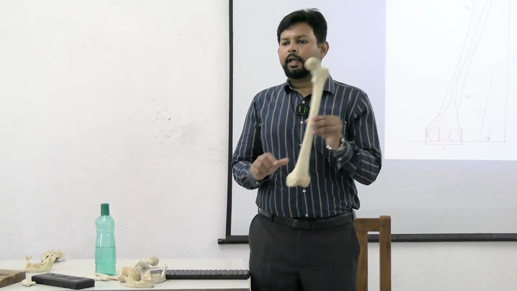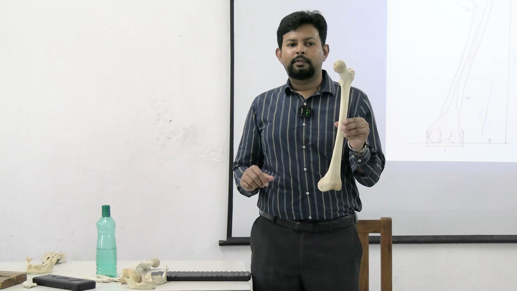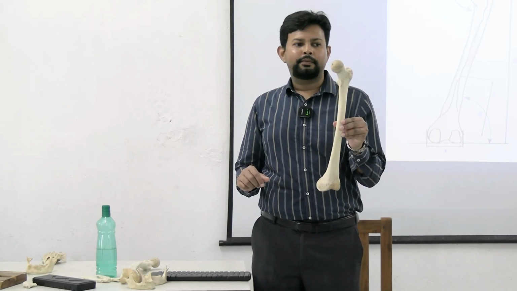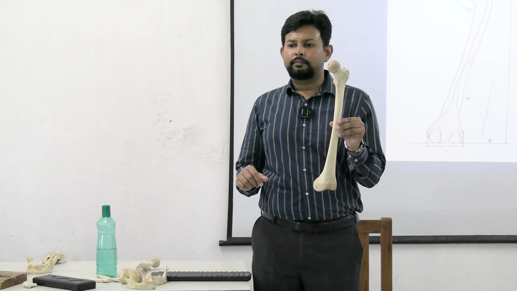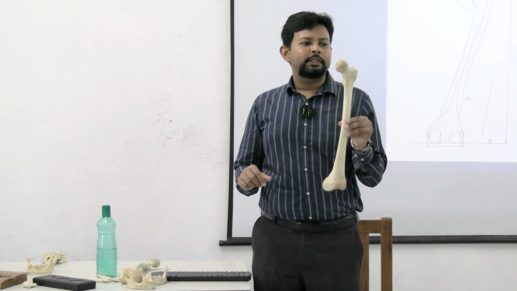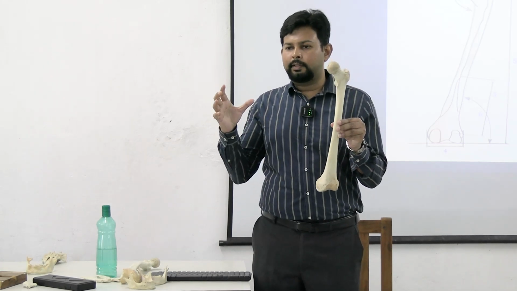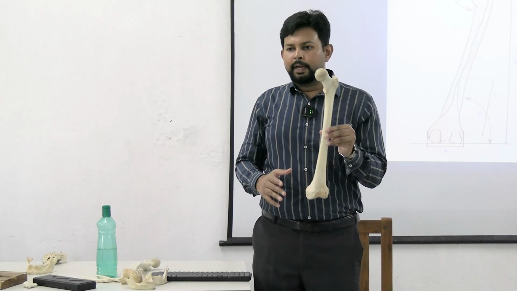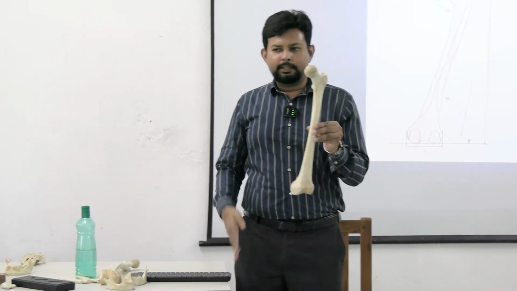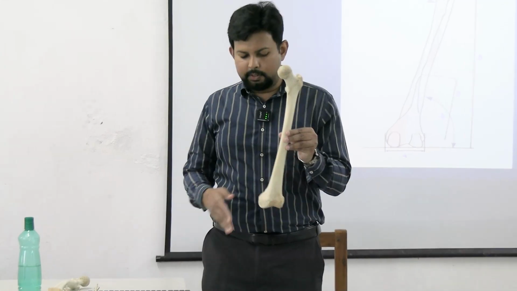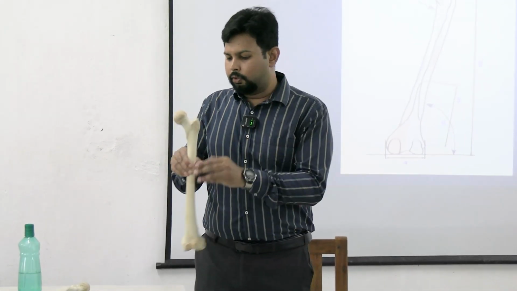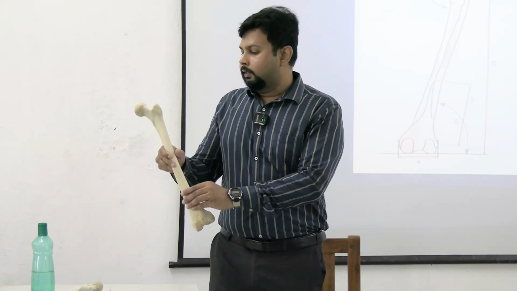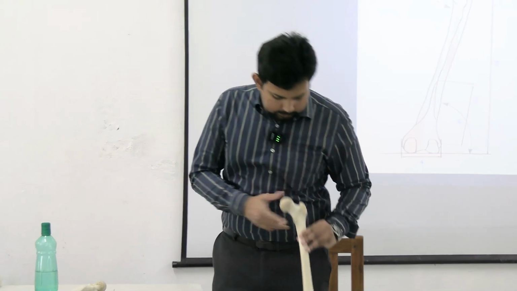So why is it more acute? The reason behind it: because the pelvis is roomier in females to accommodate the child. But still we have to maintain the balance, to maintain the posture.